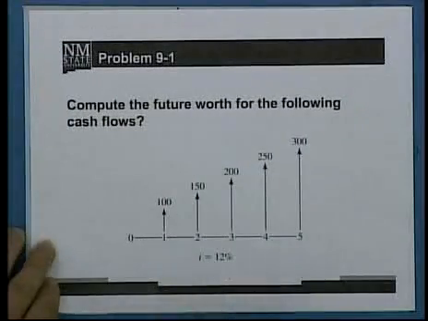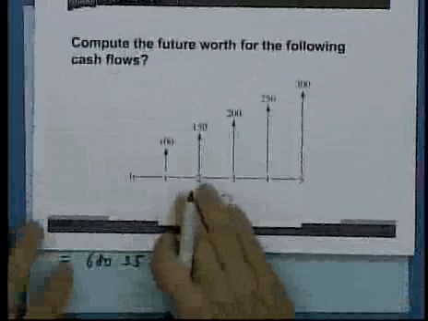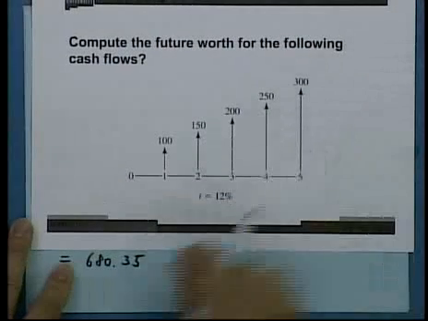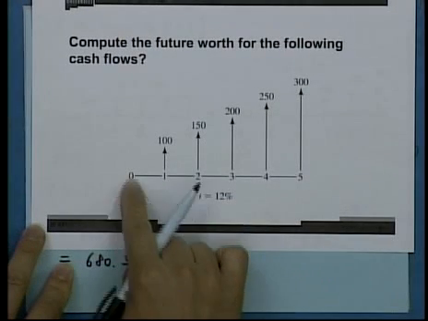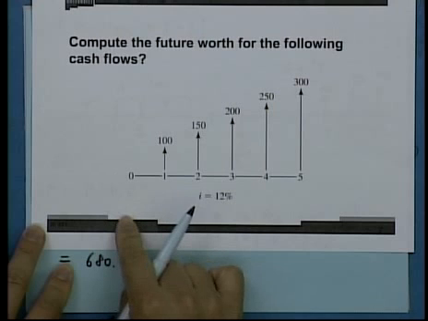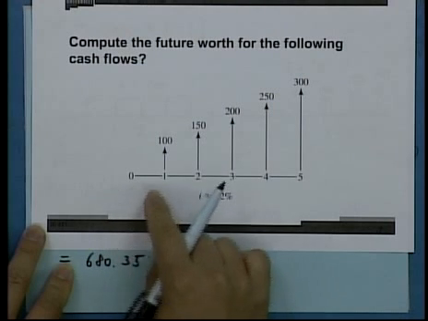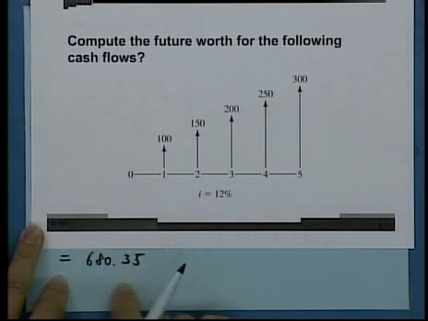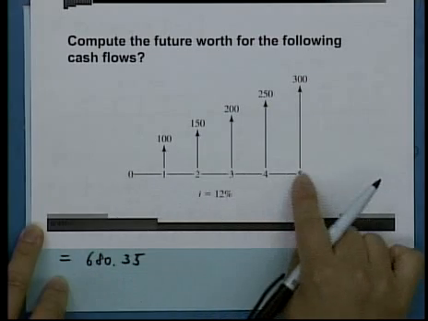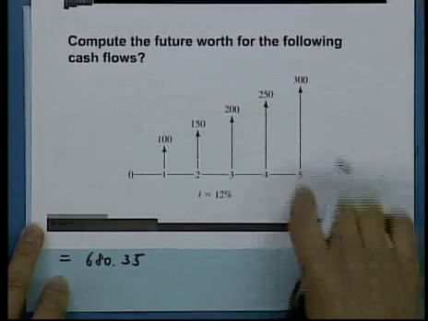Now, what you've got is the equivalent present sum of money at the end of period 0. So what you need to do is convert this amount of money to an equivalent future sum of money at the end of period 5. Okay?